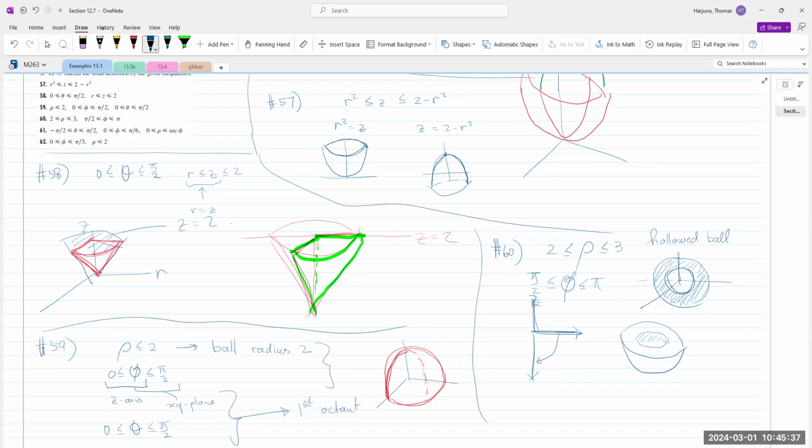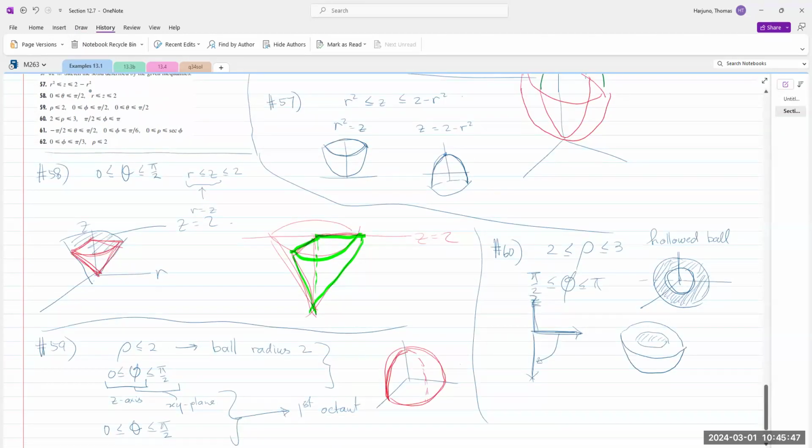So you have a sphere with empty inside, and then you cut it in half. You only take the bottom part. That's number 60.